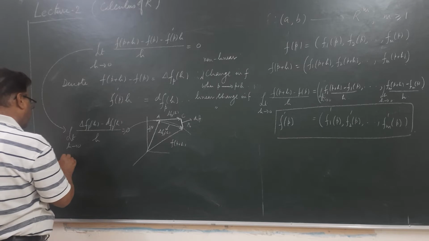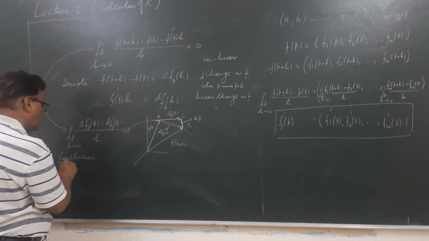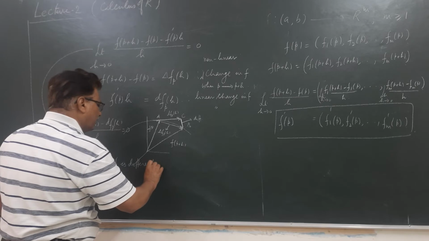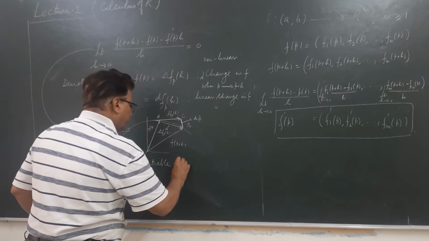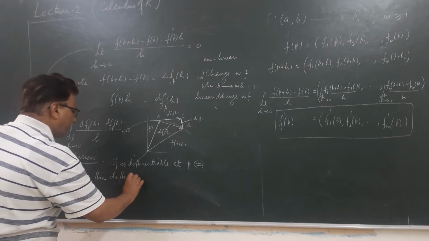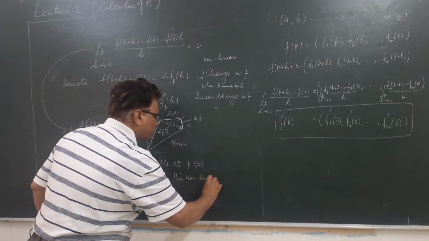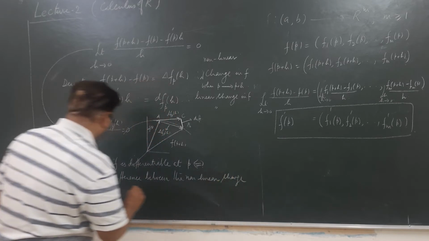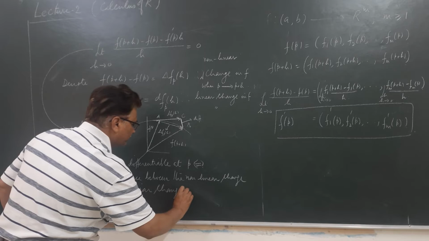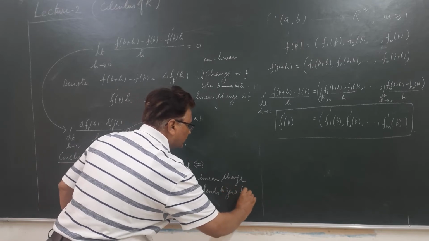So what we conclude is that f is differentiable at p if and only if the difference between the nonlinear change and the linear change in f tends to 0 faster than h.